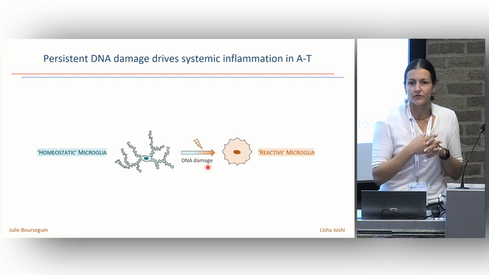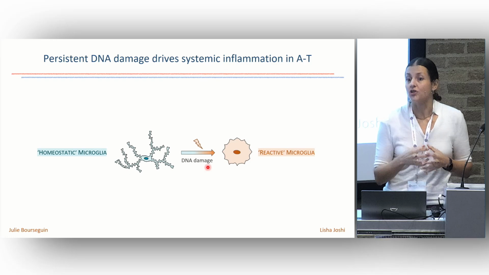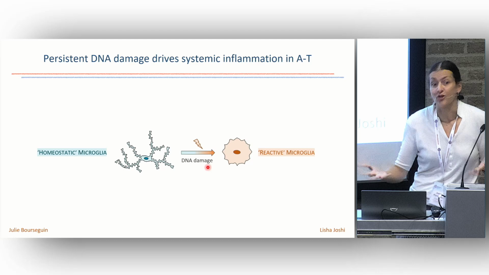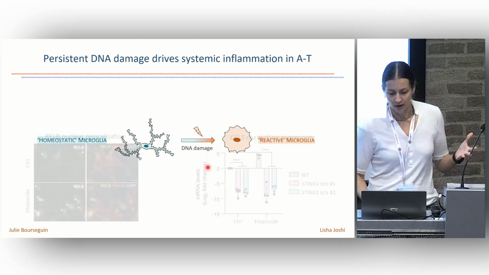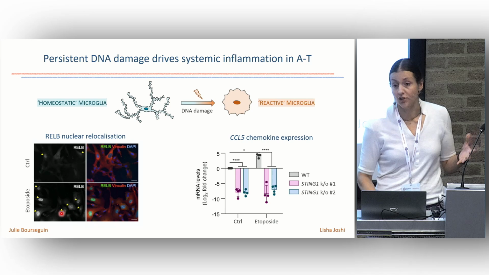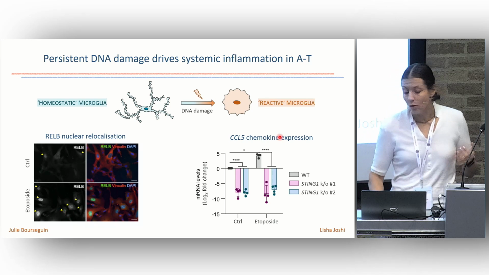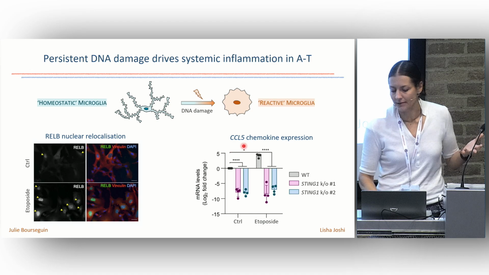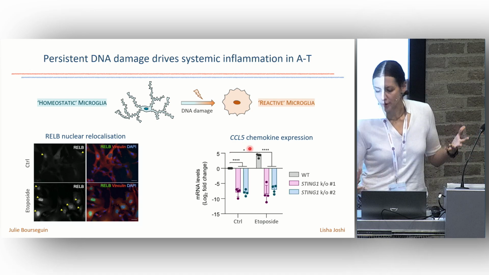So we don't think it is specific to ATM loss. We think it's a feature of genome instability, as fairly clear from, for example, micronuclei formation. And here again, as an example, we can see RELB nuclear relocalization upon treatment with etoposide, or we can see STING-dependent accumulation of another chemokine, CCL5, in response to etoposide treatment.